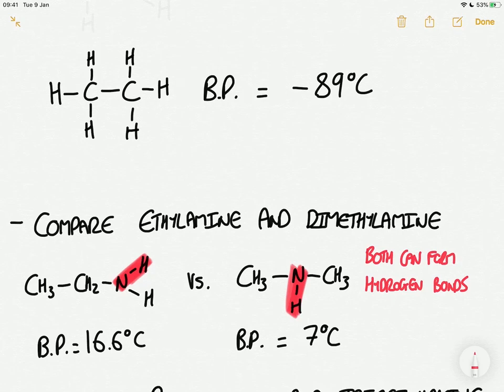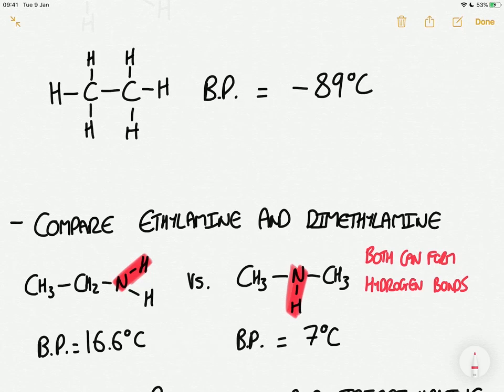The answer is ethylamine. Because from a fundamental principle, if it's got a higher boiling point, it has stronger forces holding it together. So the only thing we can suggest is, if the hydrogen bonding in ethylamine is stronger, that must be something to do with the NH bonds being on the end of the molecule, with it being a primary amine. And actually, we will have a little look at something else next lesson that relates to this.